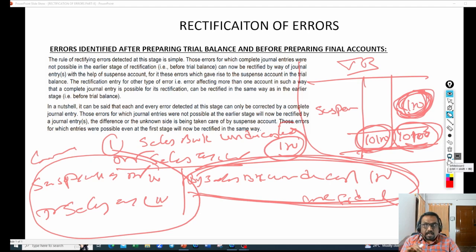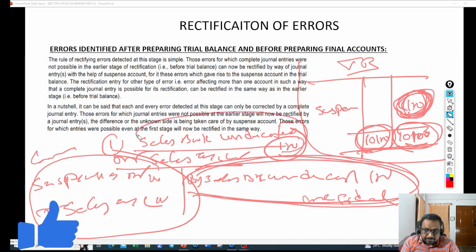Right. Now, you identified the error. What error did you identify? Sales book undercasted by 100 rupees. For time being, let us assume that this mistake is identified in stage 1. What is stage 1? Errors identified before preparing the trial balance. If that was the stage, how would you have rectified this entry?